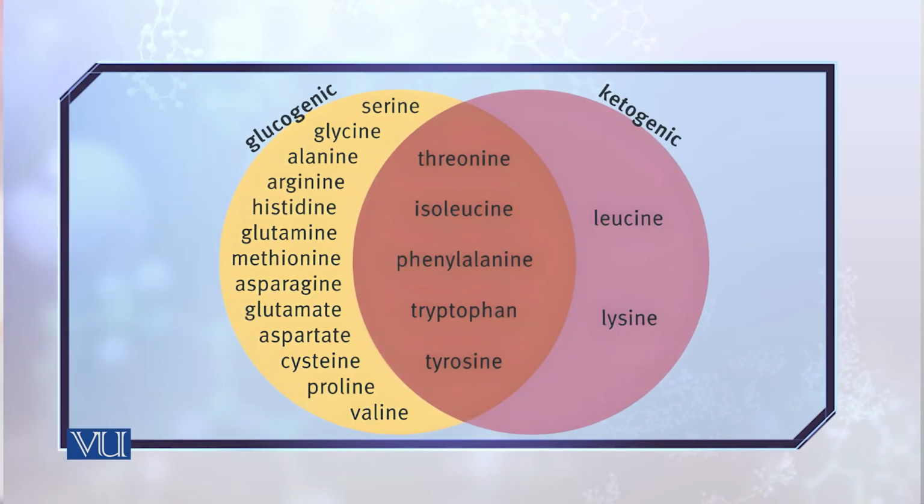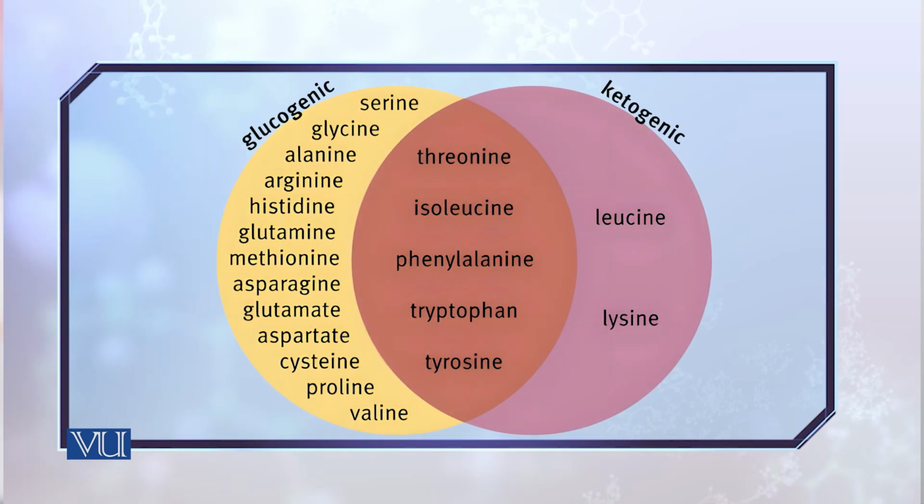So, all in all, we can categorize these amino acids on the basis of the product, whether they are ketogenic or glucogenic or both. There are 13 amino acids which are glucogenic: serine, glycine, alanine, arginine, histidine, glutamine, methionine, asparagine, glutamate, aspartate, cysteine, proline, and valine.